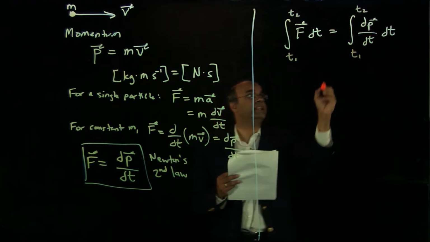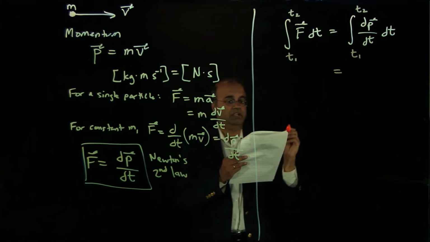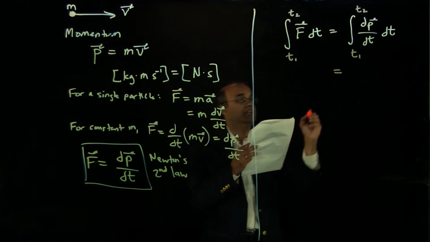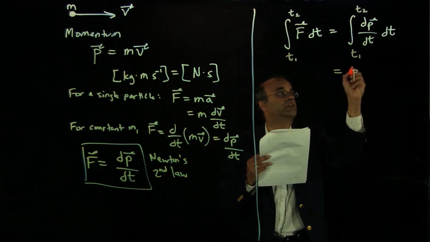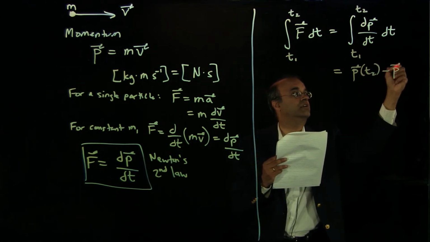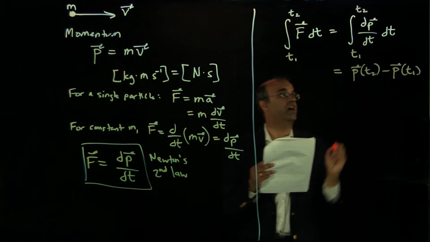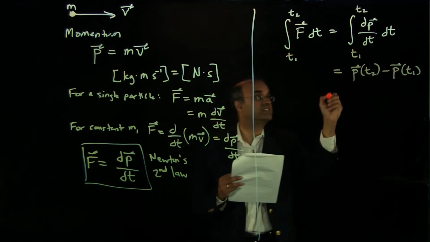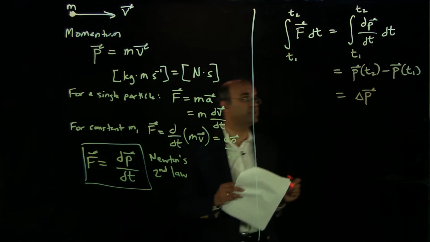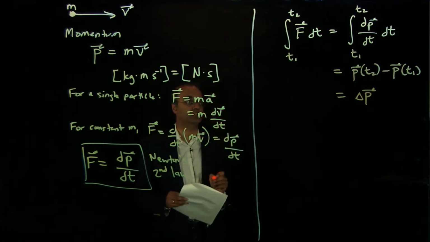Now this right-hand side, the integral of dp/dt with respect to time, is just p at time 2 minus p at time 1. And that is just the change in the momentum vector going from time 1 to time 2.